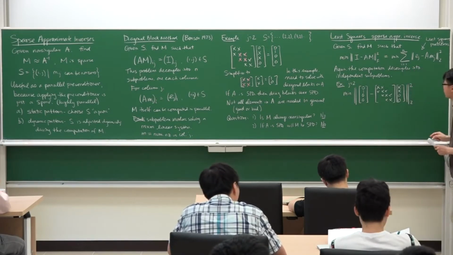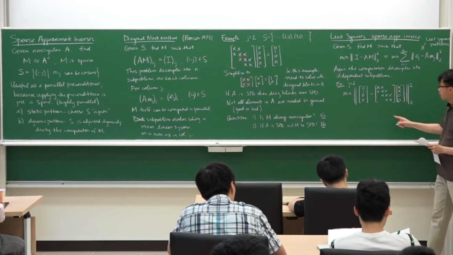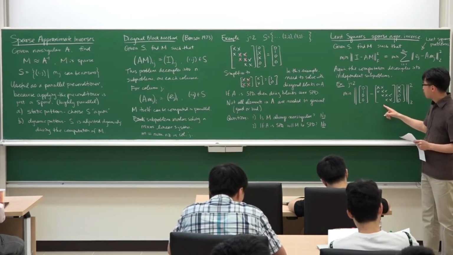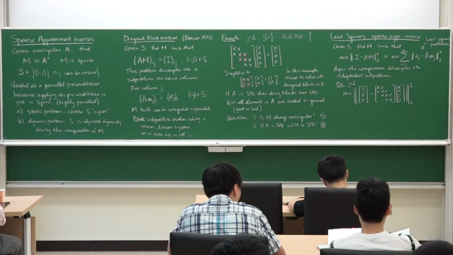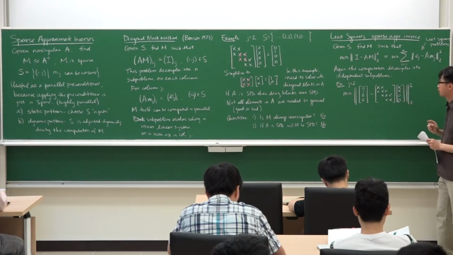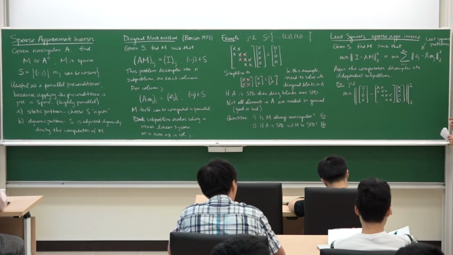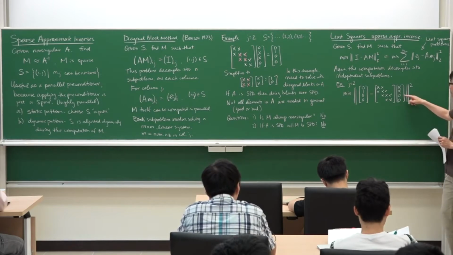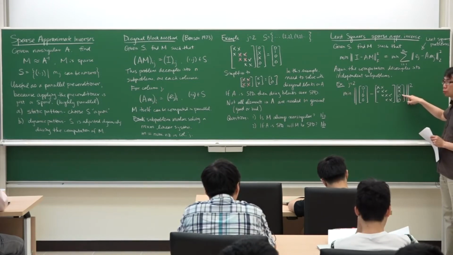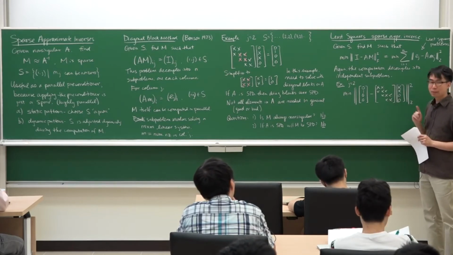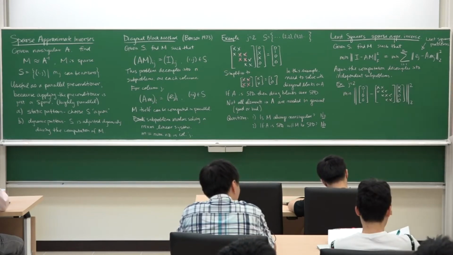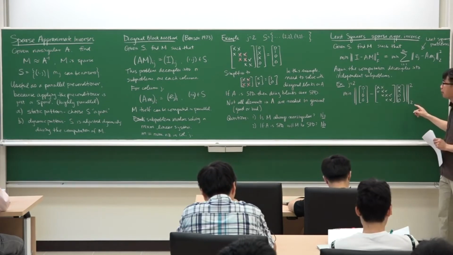So the vector is known, the matrix is known, and we want to minimize this to find these two values of x. And like before, because we have two zeros over here, the last two columns of the matrix don't matter. So this also simplifies.